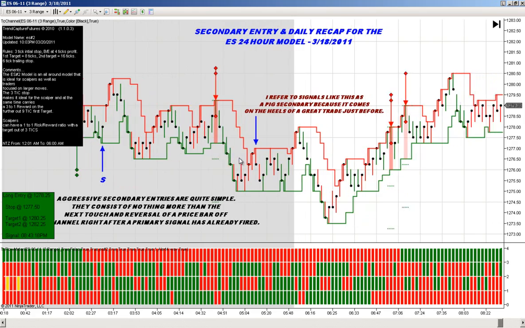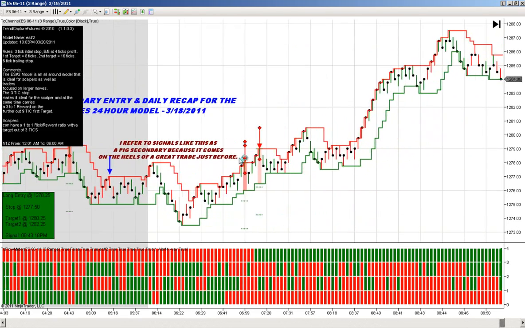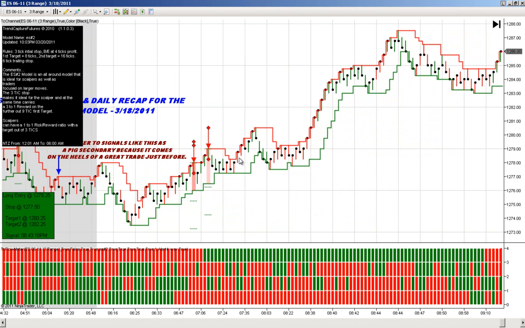So those are the first two secondary signals, and those occurred before the regular trading hours. You can see here, this short right here was a stop out. And this short here was a stop out unless you are using the break even at 4 ticks. If you're being conservative and using the break even at 4 ticks, then that would have been a break even trade.